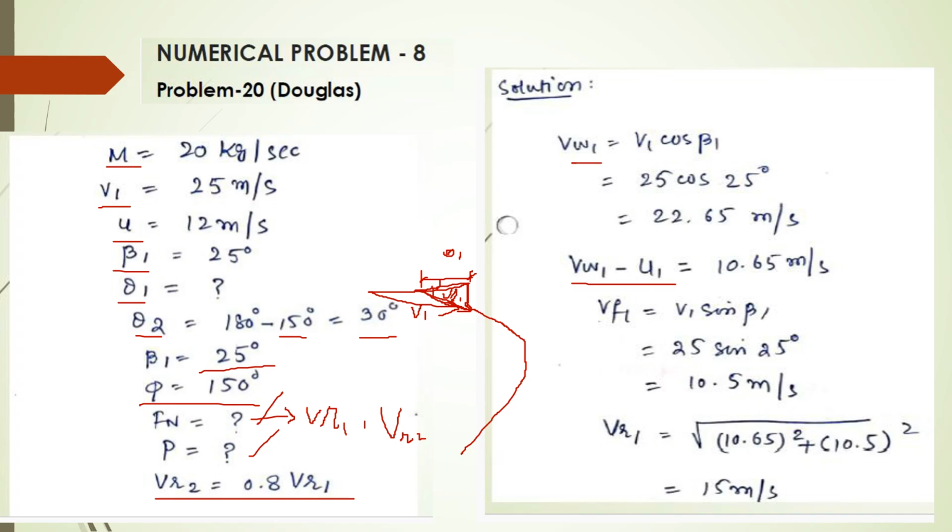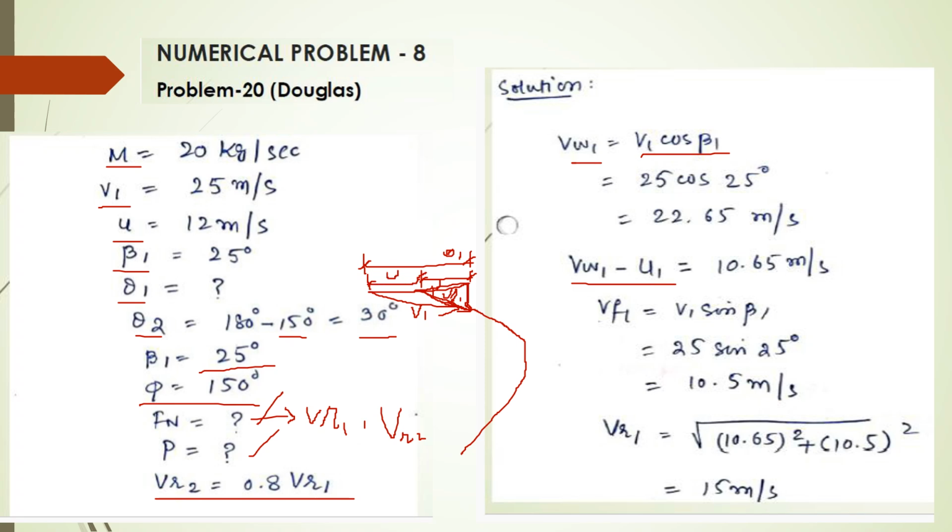We know what whirl velocity is. Whirl velocity is the horizontal component of the velocity of the jet, that is V1 cos β1. So starting from here till here, this total component will be the cos component of V1. Then we have this u1 as well, from this point to this point.